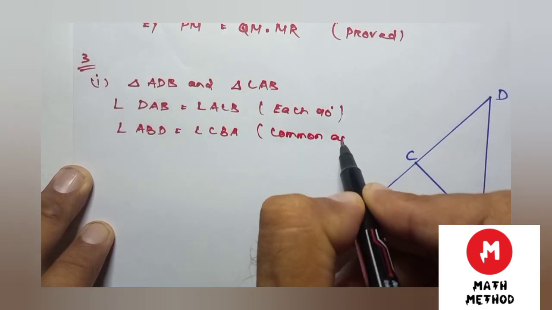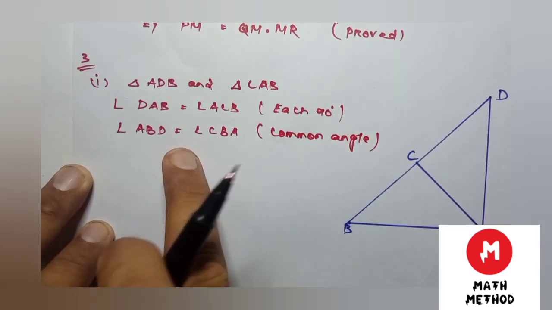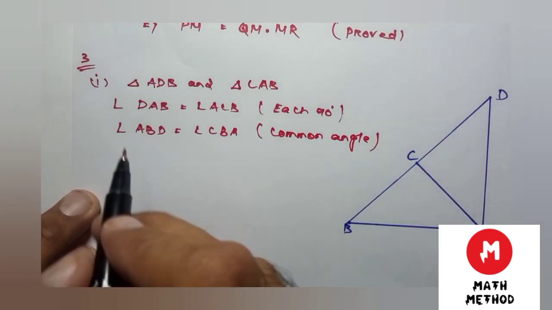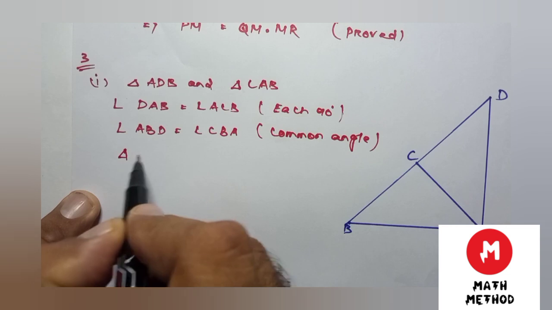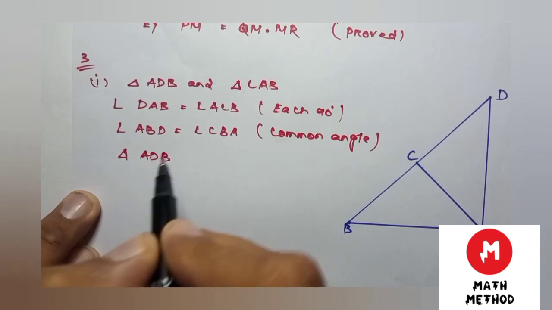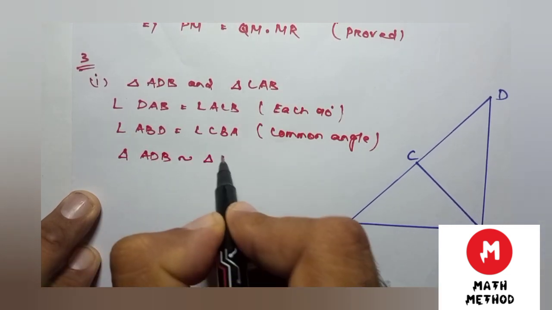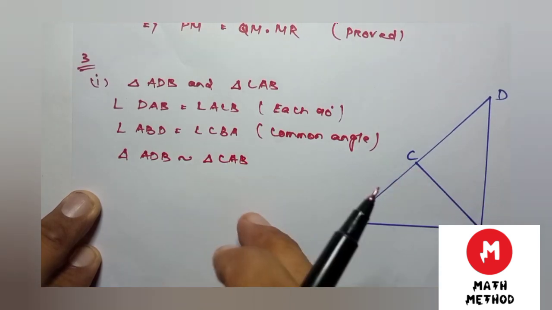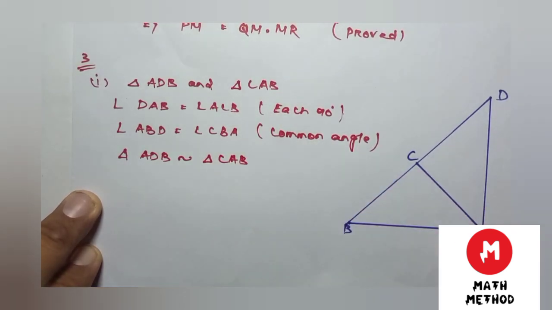Clear? Common angle. So by AA criterion or AA similarity, triangle ADB is similar with triangle CAB. Clear? This is our AA similarity.